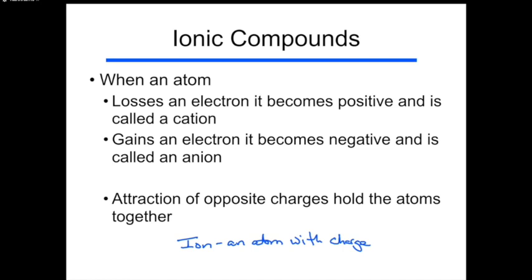When an atom loses an electron, it has more protons than electrons, and it becomes positive overall. It's called a cation. When an atom gains an electron, it will have more negatives, more electrons than protons. It will become negative, and it's called an anion.